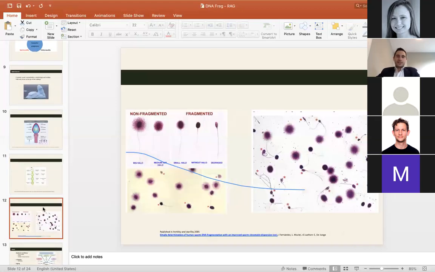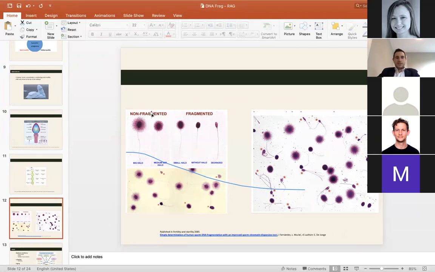What is this test? So this is the output of the test. You will have a slide that will be studied by an andrologist, who's the person responsible for processing the semen sample. The semen sample will be treated with certain chemicals and certain products, and then you will have the end product of this slide.